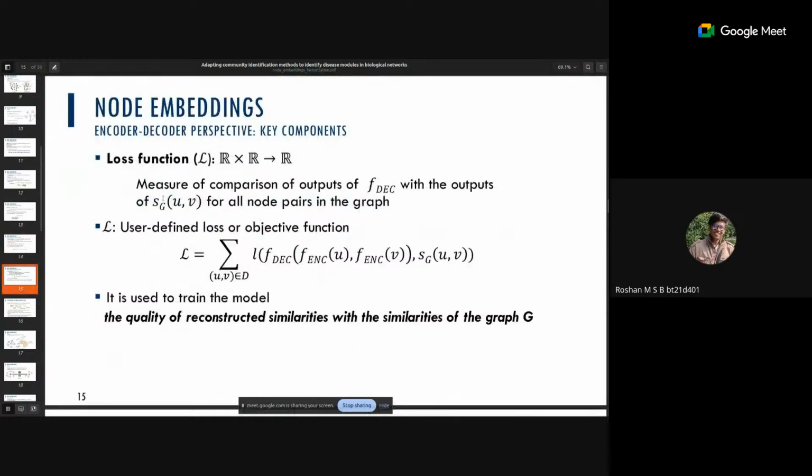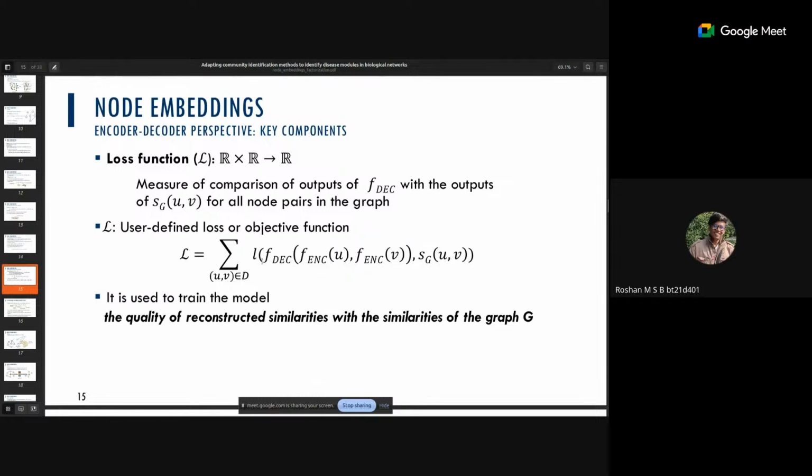In the end, what you calculate is something called the loss function. The encoder gives a d-dimensional latent vector for each node, and the decoder takes in two d-dimensional latent vectors and tries to reconstruct the similarity score.